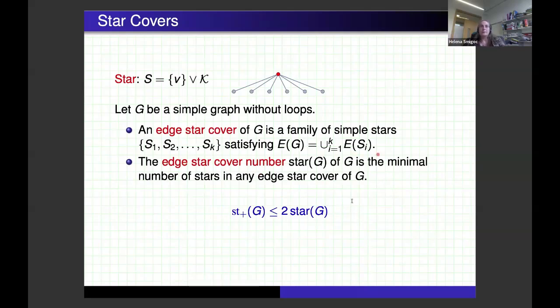So that's a well-studied concept. It's not ours. But every star introduces two components, the central vertex and then the neighborhood. So this inequality is true in any graph: St plus of G is less than or equal to 2 times the star cover number of G.